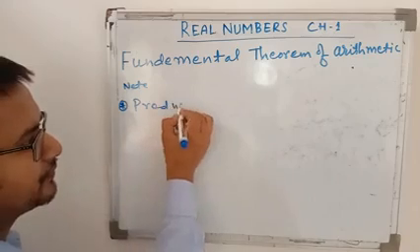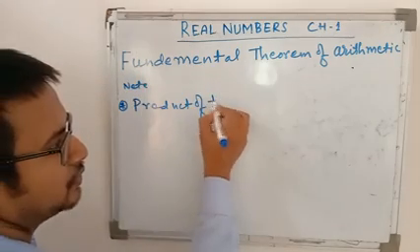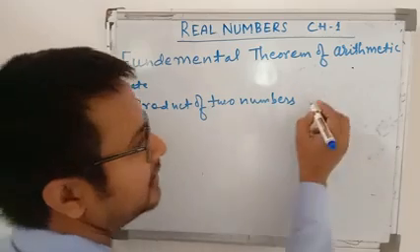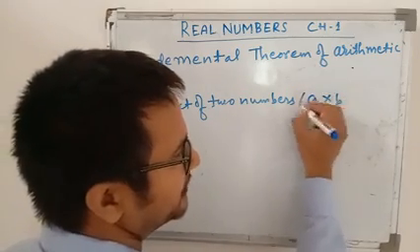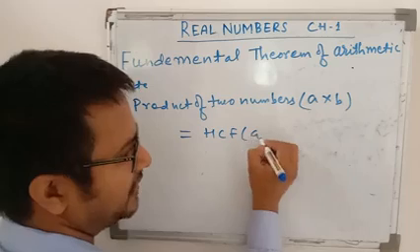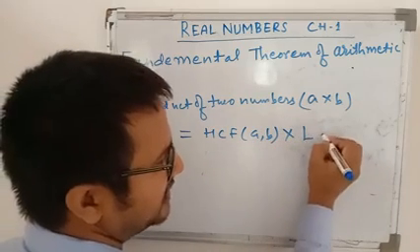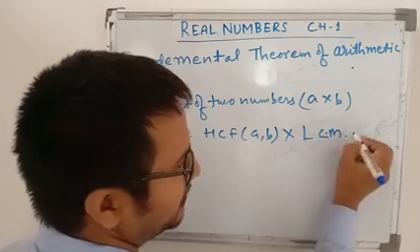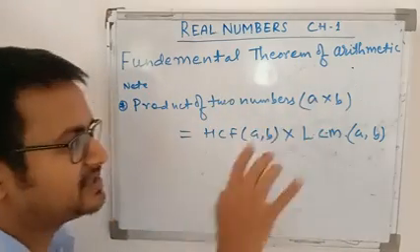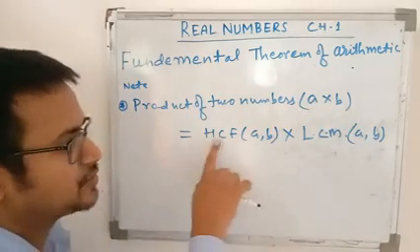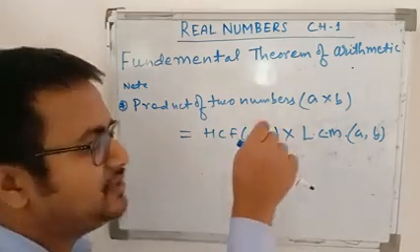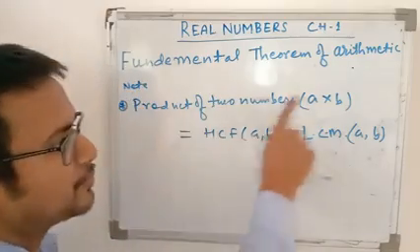Product of two numbers: suppose the two numbers are A and B. Then A into B is equal to HCF of A comma B into LCM of A comma B. So HCF into LCM of any two numbers will give you the product of the numbers.